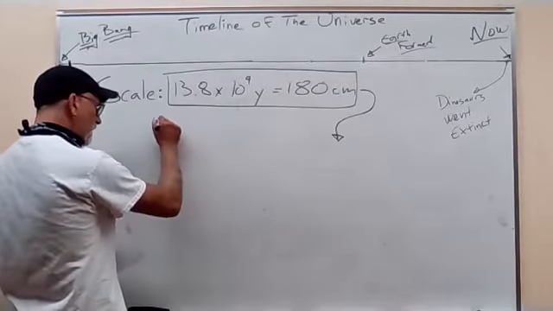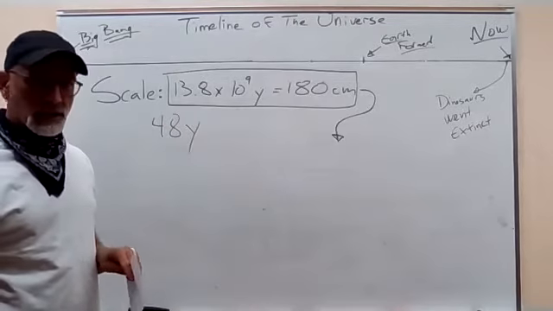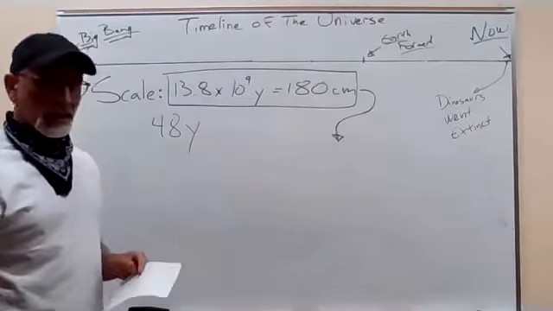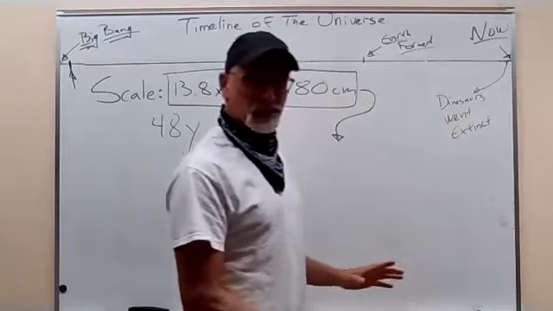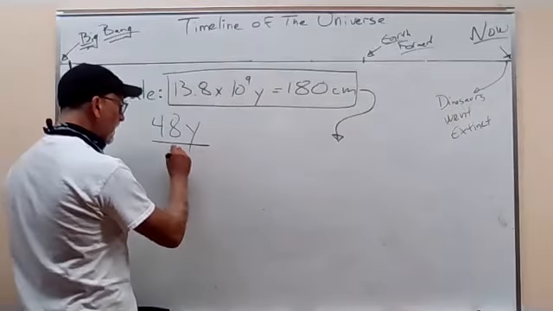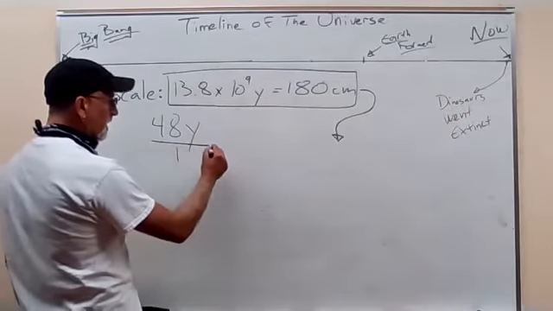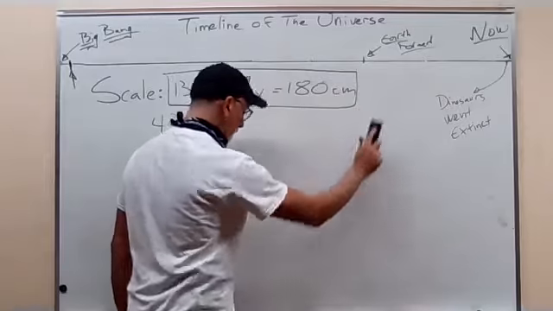I am 48 years old. I was born 48 years ago. Where does that go on my timeline? Well, it's going to go over here somewhere for sure, pretty close to now. I put that over 1 because I'm doing math with fractions. The next thing I'm going to do is add in another fraction.